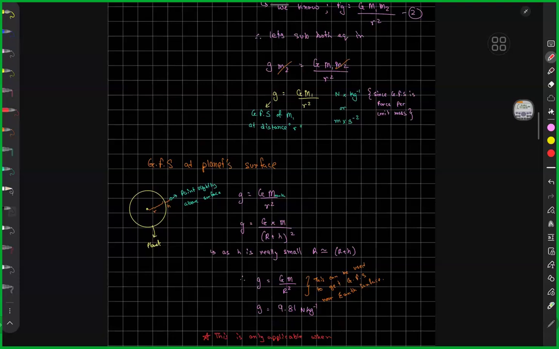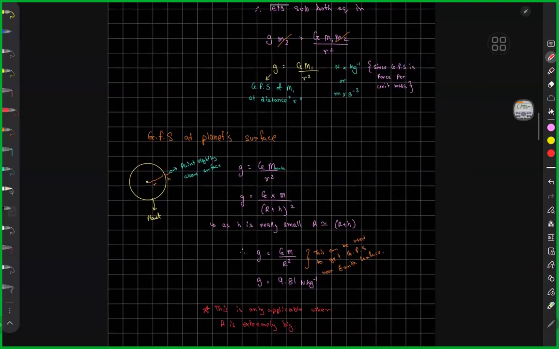Now, why is it, mathematically speaking, we assume gravitational field strength to be 9.81 near the Earth's surface? Let's look at the maths.